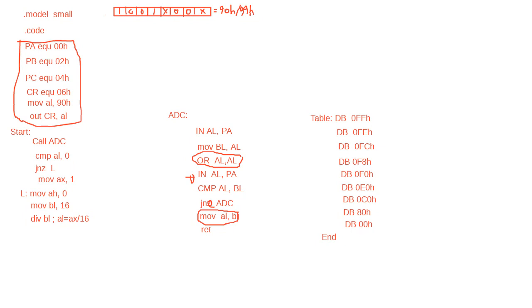So the first data, what is the offset address for the first data? Okay, and then AND.